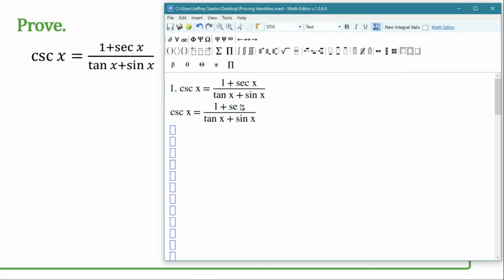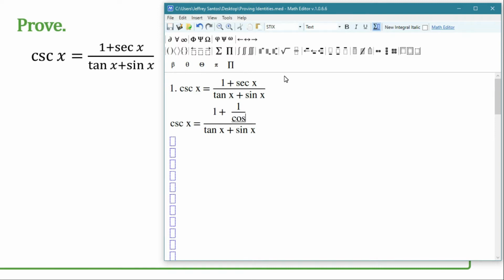Again, we represent secant using the reciprocal identity, that is secant is equal to 1 over cosine of x.